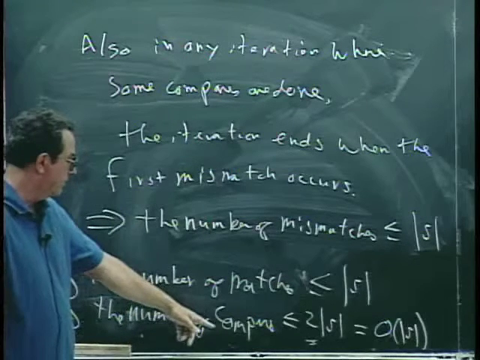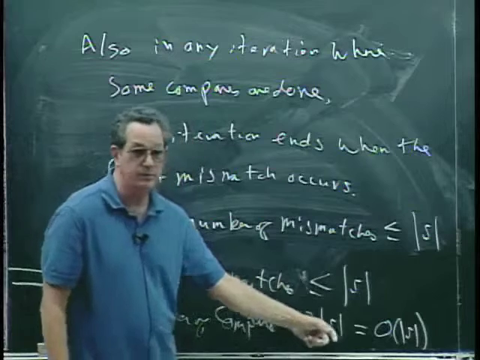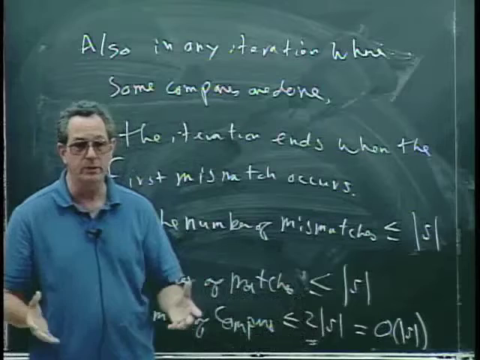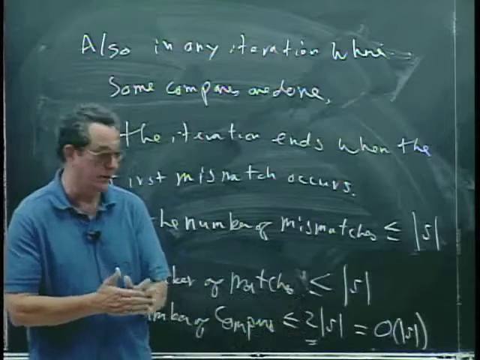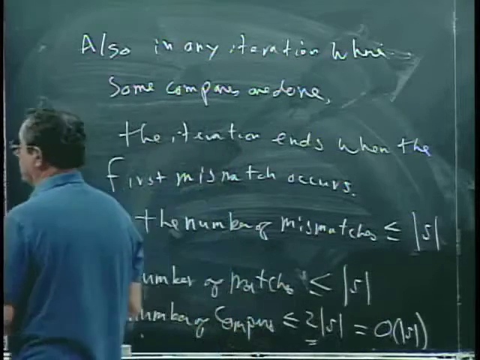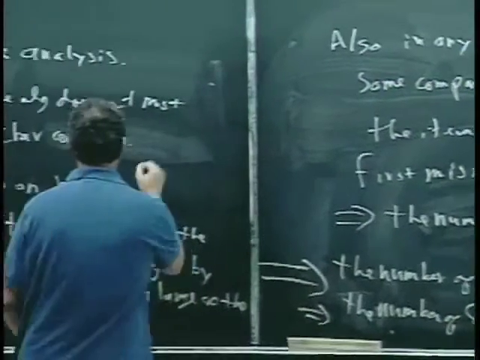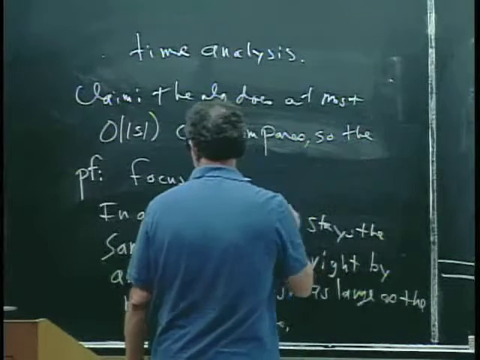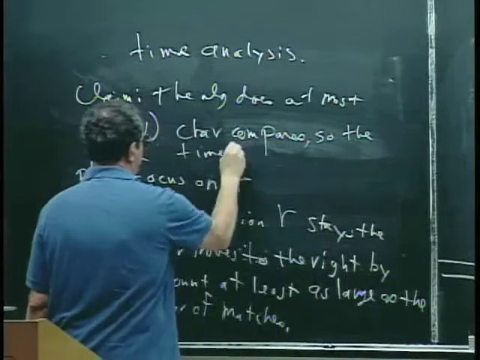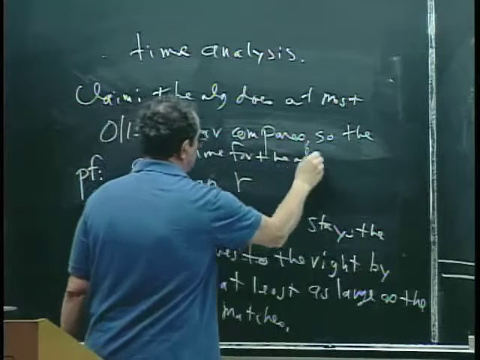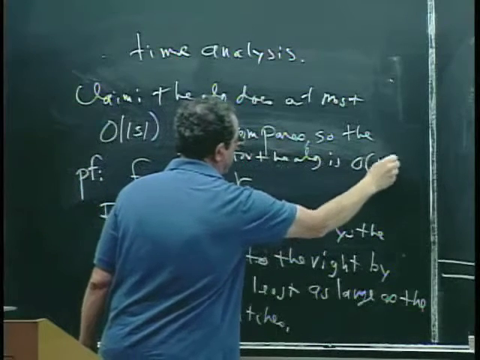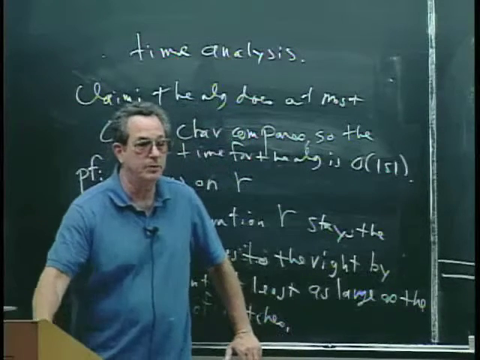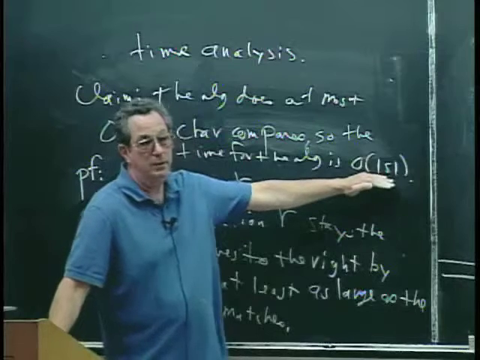And the number of character comparisons it does is at most 2S, two times the length of S. And so altogether, the total work in the algorithm is order S, order the length of S. So the algorithm does at most that many character comparisons. So the time for the algorithm is order the length of S. And that's the heart of it. That's the crux of it. You can compute all the z values in linear time in the length of S.